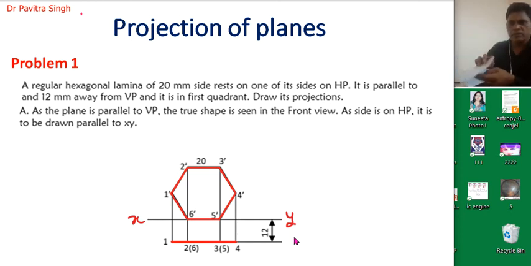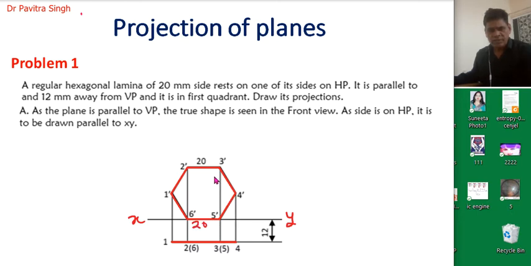This is called the reference line XY. This line is drawn first, and on this line we will draw the line 6 dash 5 dash. This is equal to 20 mm.